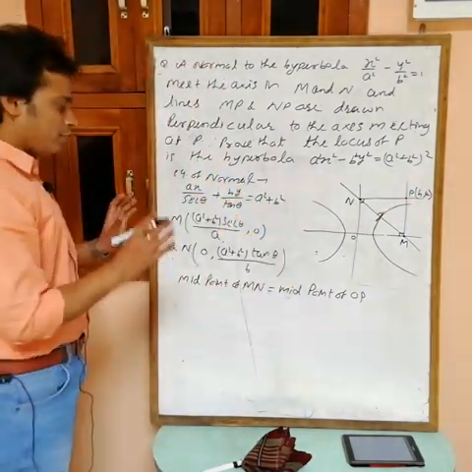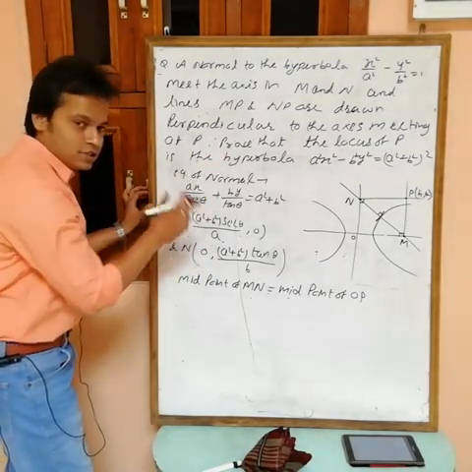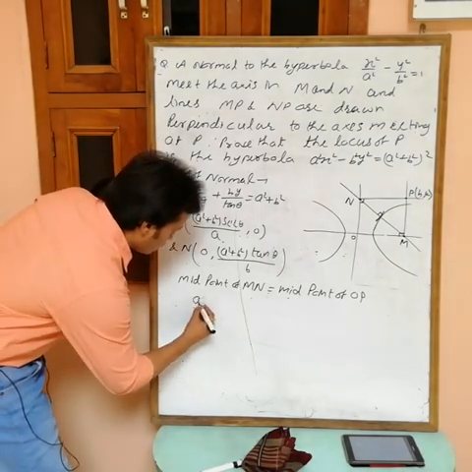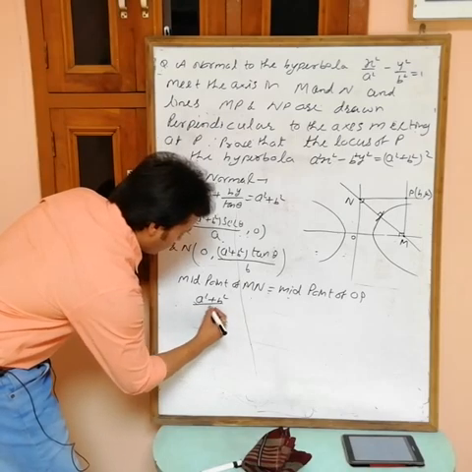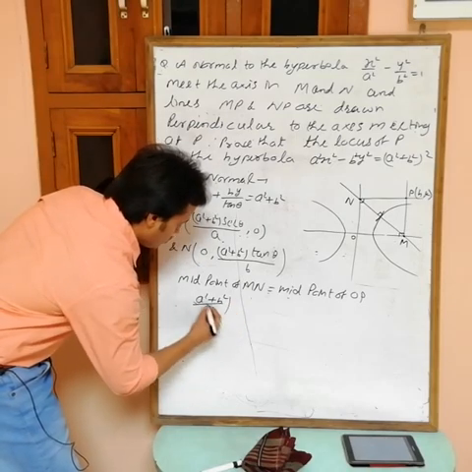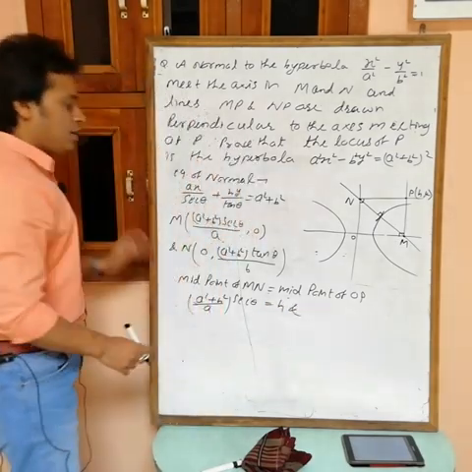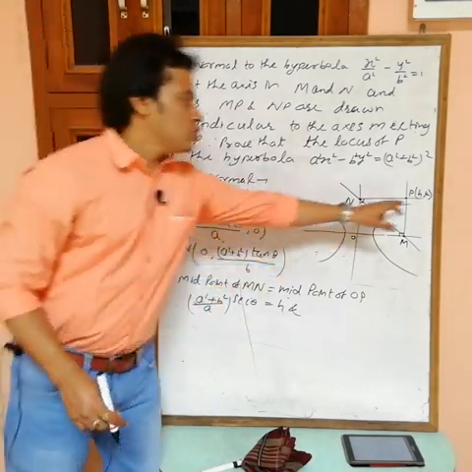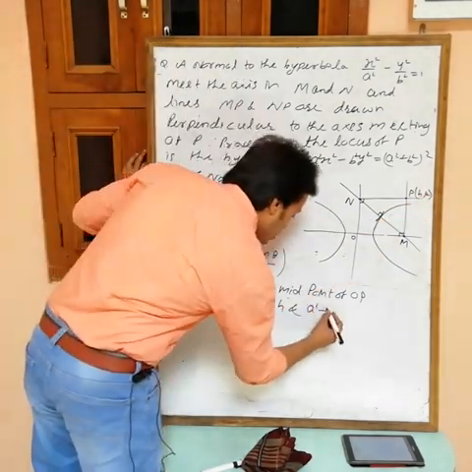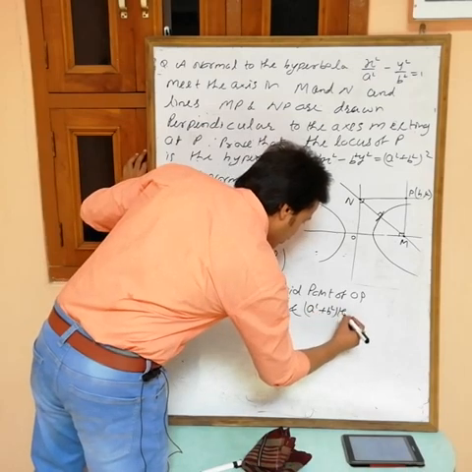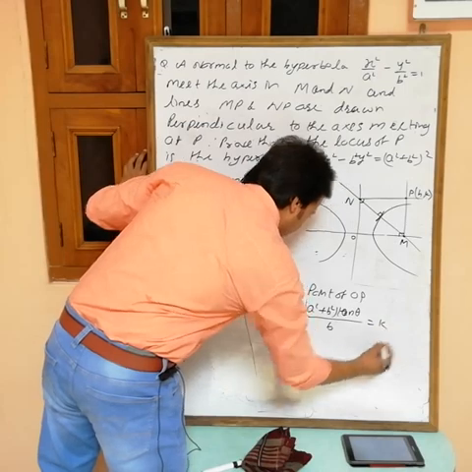If you equate the midpoints, then this one plus this one equals h plus 0. It means (a square plus b square) by a into sec theta equals h, and y1 plus y2 by 2 equals k plus 0 by 2. The 2 cancels out, then you will get (a square plus b square) into tan theta by b equal to k.